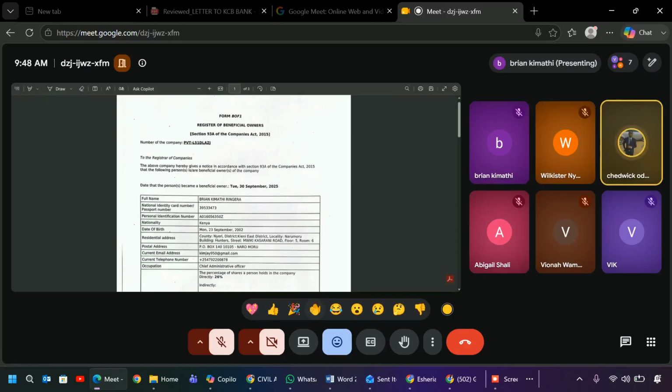And then subsection 4, the registrar may, on the application of the company or for any other reason the registrar thinks fit, extend the period referred to in subsection 3(b) for a period not exceeding 30 days. 5, a company other than a public listed company shall lodge with the registrar a copy of any amendment to its register of beneficial owners within 14 days after making the amendment.